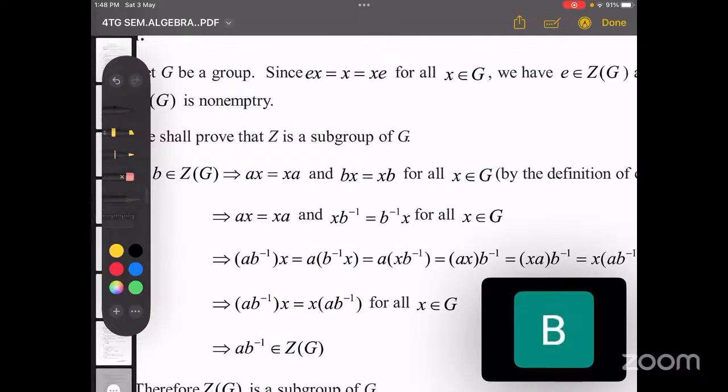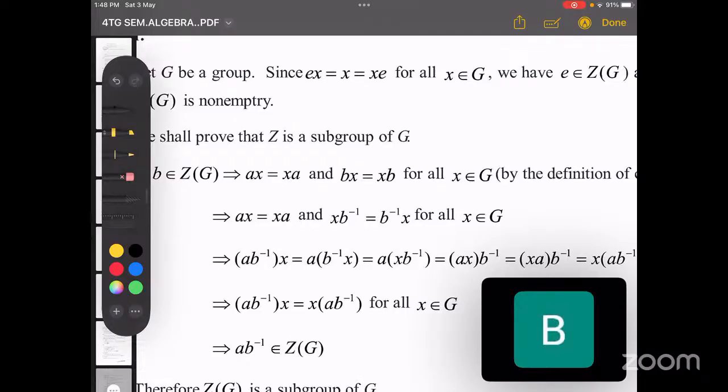So we are taking B inverse here. It has become that AX is equal to XA and XB inverse equals B inverse X. So AB inverse X is equal to A into B inverse X, which equals A into X B inverse, using the commutative property. If you interchange that, you get XA into B inverse equals X into AB inverse.